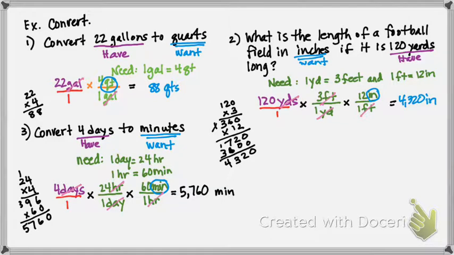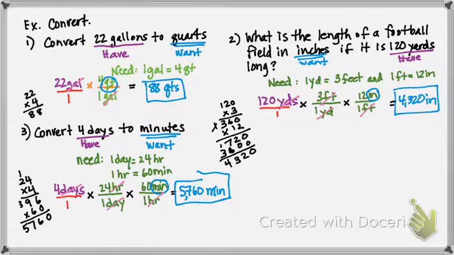Oops. And I wrote that in black. That's not going to be black. What was I thinking? Let's go ahead and erase that and write it in the appropriate color. That's going to be minutes. And that's going to be 5,760 minutes. And that's my answer. I didn't do a very good job of boxing it up. All right, there you go.